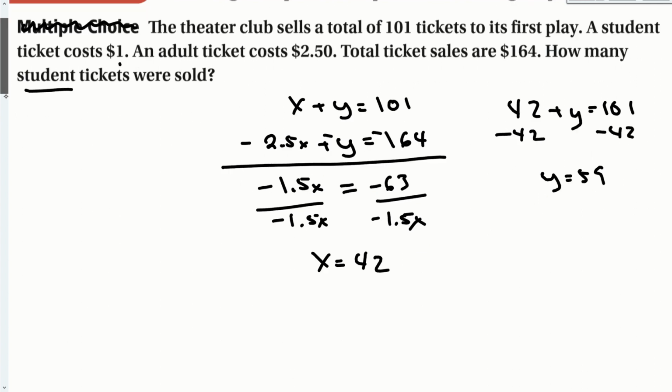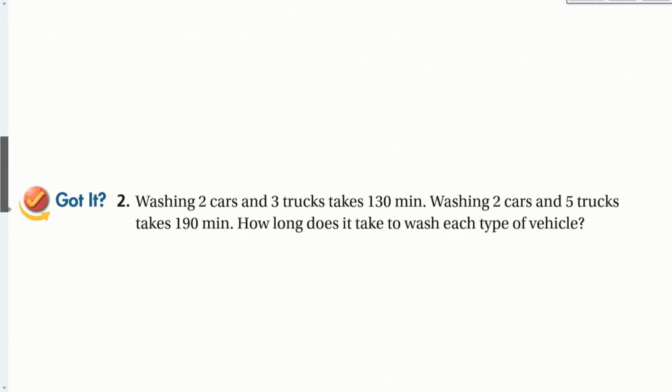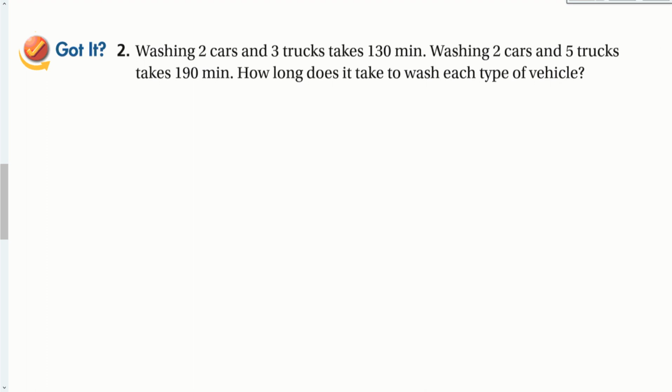Let's look at another one. Washing 2 cars and 3 trucks takes 130 minutes. Washing 2 cars and 5 trucks takes 190 minutes. So 2 cars plus 3 trucks is 130 minutes. 2 cars plus 5 trucks is 190 minutes.